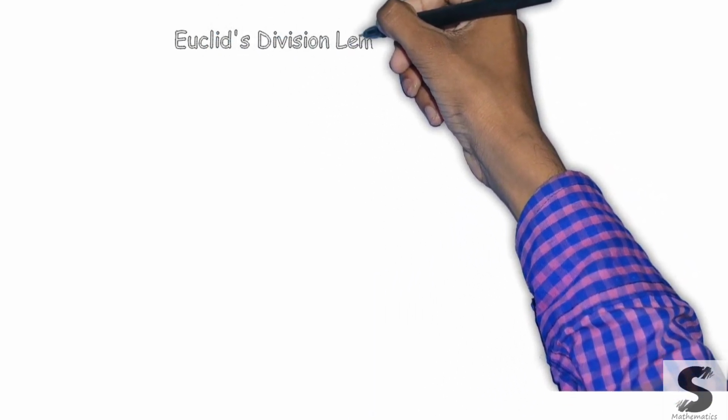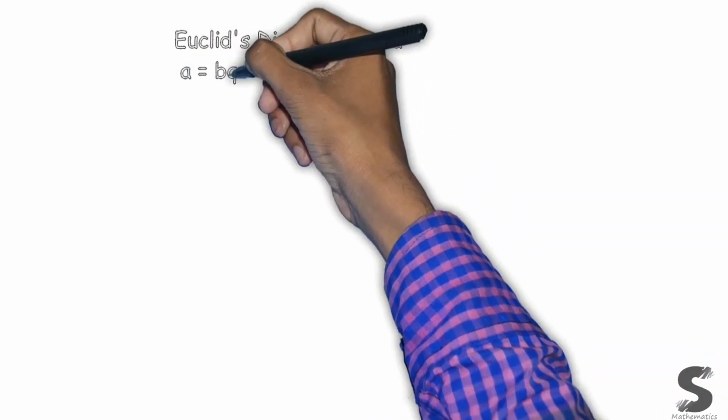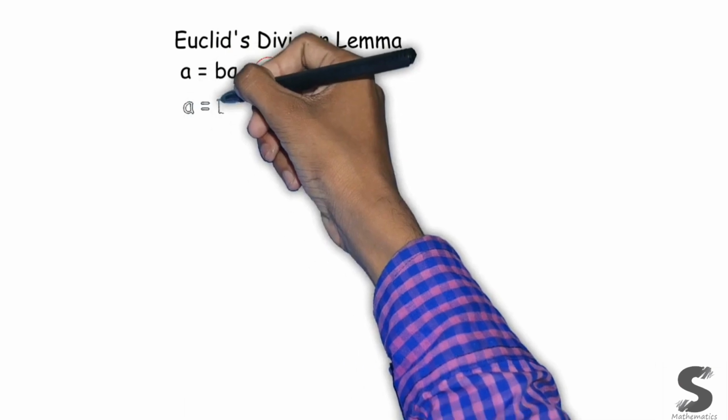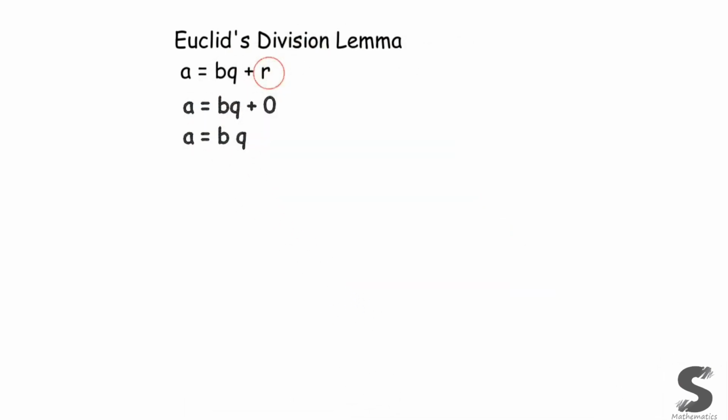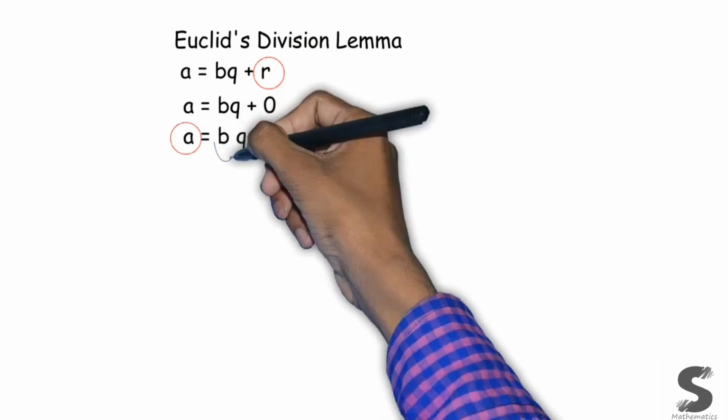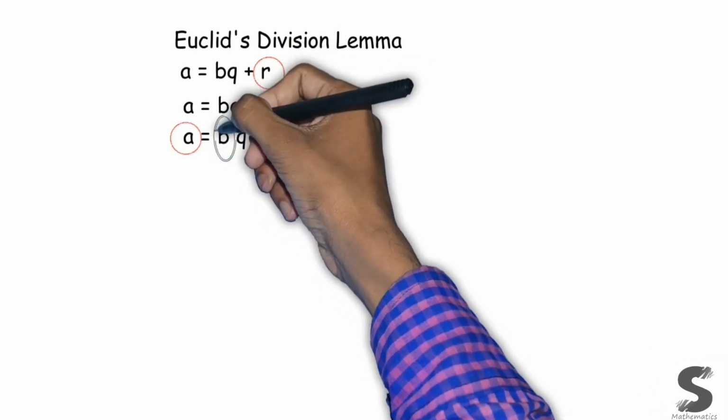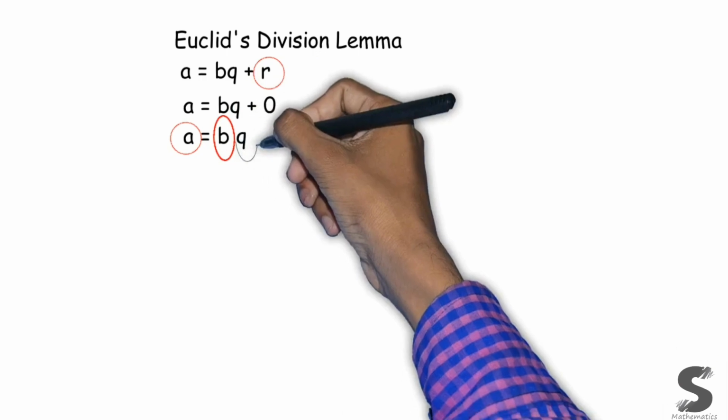In the previous class, we learned about Euclid's division lemma, A is equal to BQ plus R. What happens if this R becomes 0? That is, A is equal to BQ plus 0, which gives A is equal to BQ. What is the relation between A, B and Q?